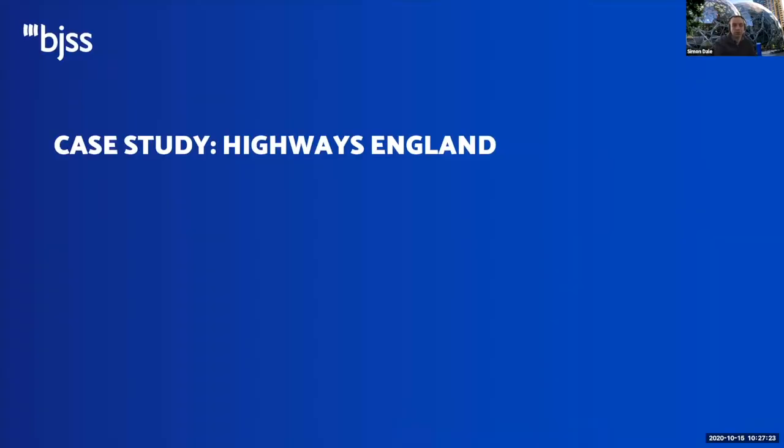So what I'm going to do now is give a case study of where we've applied the previous 3 slides with an actual client. We've had a vision that was set by the CDO for Highways England of becoming a data-driven organisation that can support the strategic road network over the next 30 to 50 years.